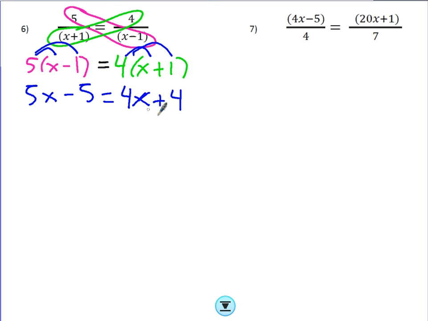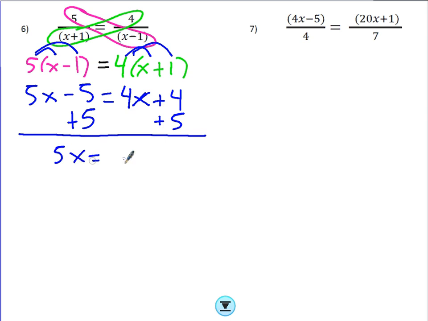Here we've got x's and numbers on both sides. What I'm going to do in this case, and again, it could be opposite, it doesn't really make a difference, but to me what makes the most sense is to actually put the numbers on the right-hand side and the x's on the left. So I'll start with the numbers. I'm going to add 5 to each side here. So 5x equals 4x plus 9.